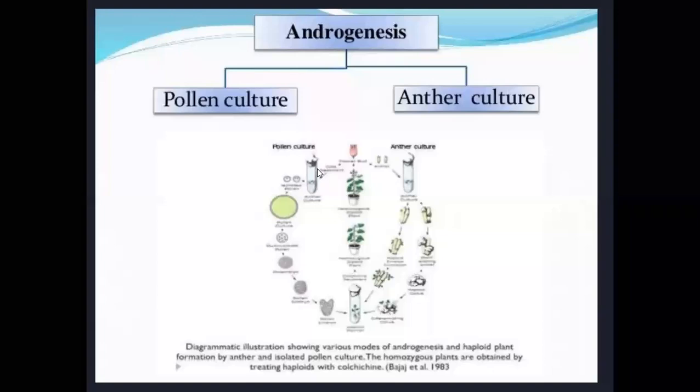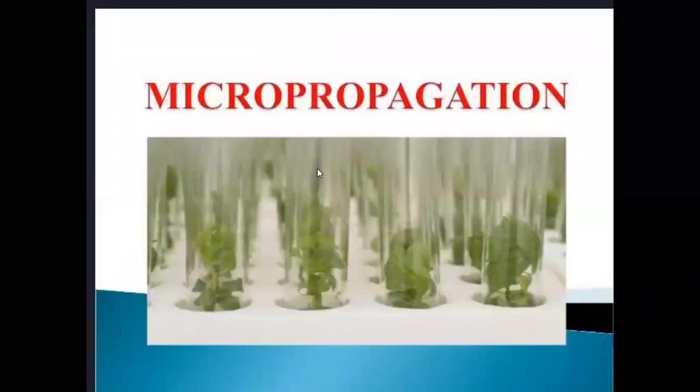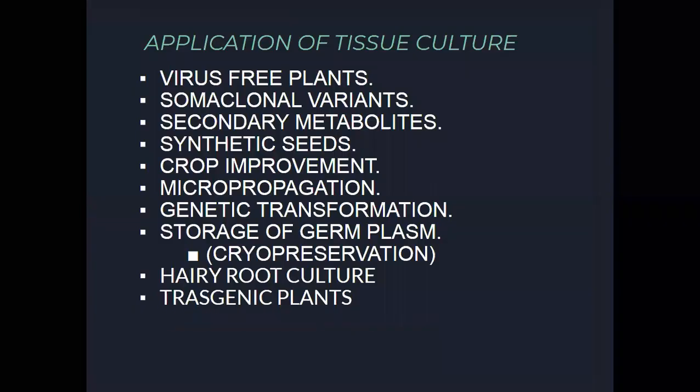See children, these are the applications of tissue culture. And one more important point, secondary metabolites. Secondary metabolites means production of secondary chemicals. Some plants produce secondary chemicals as secondary metabolites.